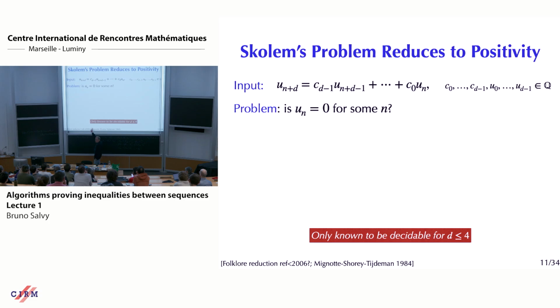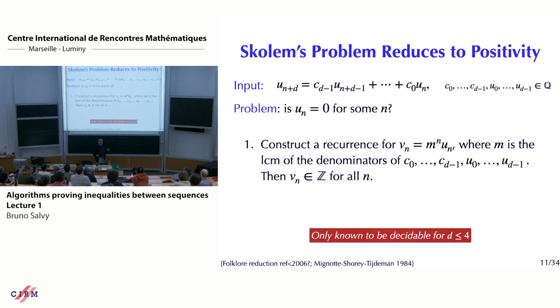But there's a reduction from this problem to the positivity problem that I'm going to show. So first, you take the LCM of all the denominators that are around, and you construct the sequence m^n u_n.